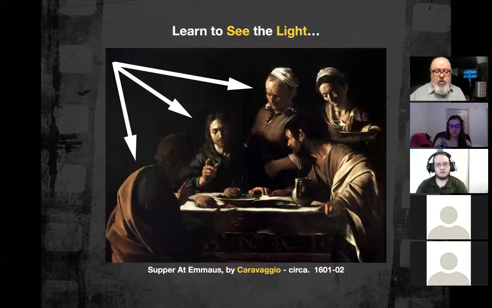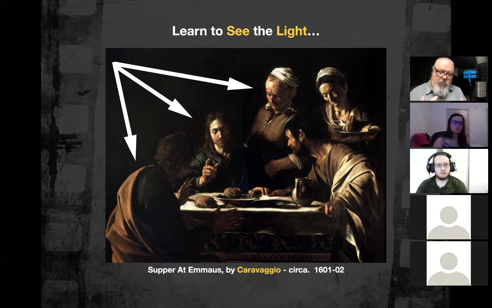Here's another Caravaggio. This is Supper at Emmaus, and I've put these arrows in here to help describe to you the direction of the key light. Take a look at all of these things and tell me what you see. So we have 5 characters in the frame. Each one of them is positioned specifically in relationship to the light source.